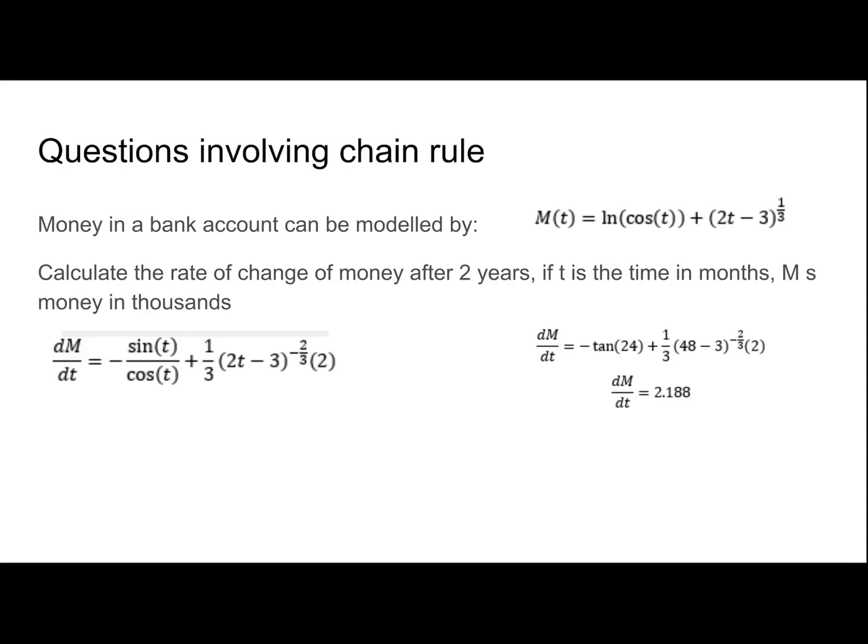So for dm over dt, we plug in 24, because t is the time in months and 2 years is 24 months. If we substitute those numbers in, we should get a rate of change of 2.188, but m is the money in thousands, so we multiply by 1,000. So at 2 years, the money in the bank account is increasing at $2,188 a month.